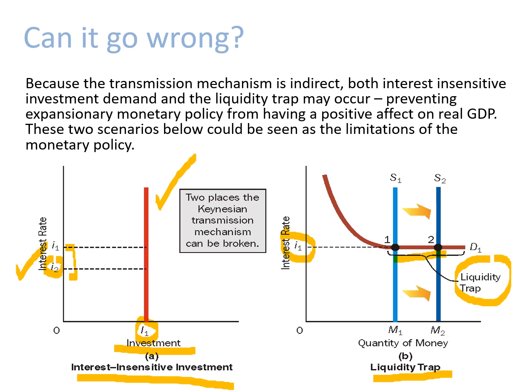So if the money supply increased from, let's say, S1 to S2, this is when the money market is in the liquidity trap. The money market moves from point 1 to point 2, and individuals are willing to hold all the additional money supply at the given interest rate.